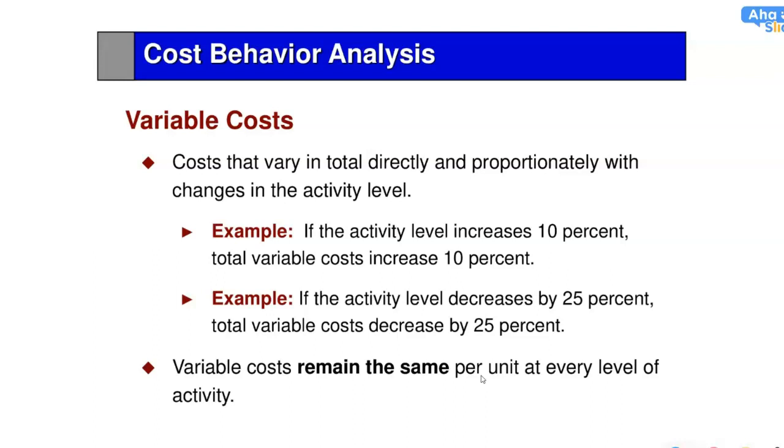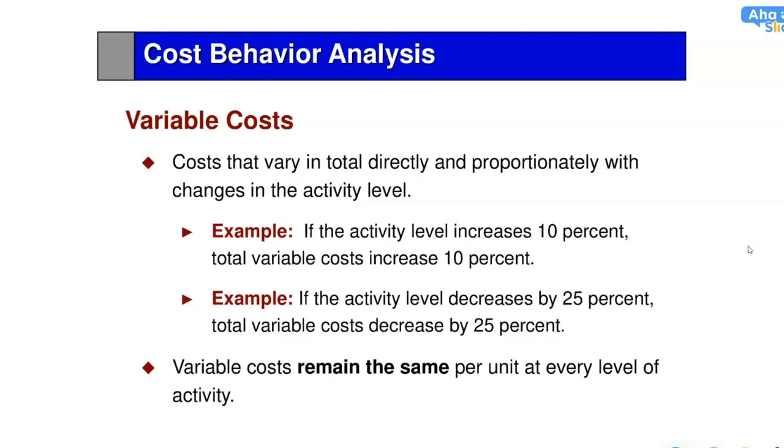If I produce two desks, the unit cost for wood is 50. If I produce 10 desks, the unit cost is 50. So wood is a variable cost because it changes in total, but a variable cost also remains the same on a per unit basis at every level of activity.